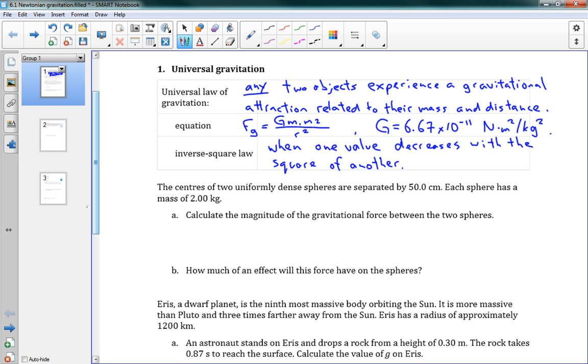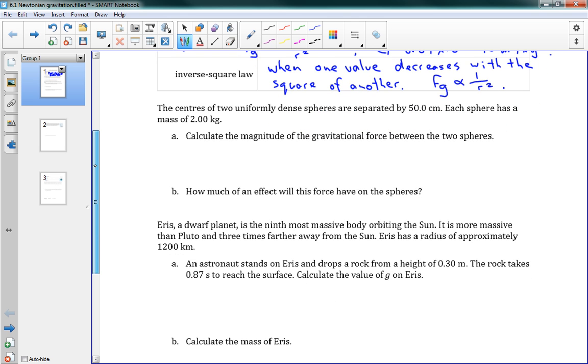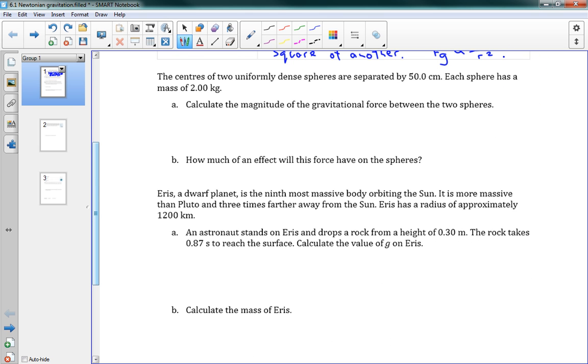And so you see this a lot in physics. Here we'll just say Fg is proportional to 1 over r squared. This is the inverse square law. Okay, so we have an equation. Now it's just a matter of applying this thing.